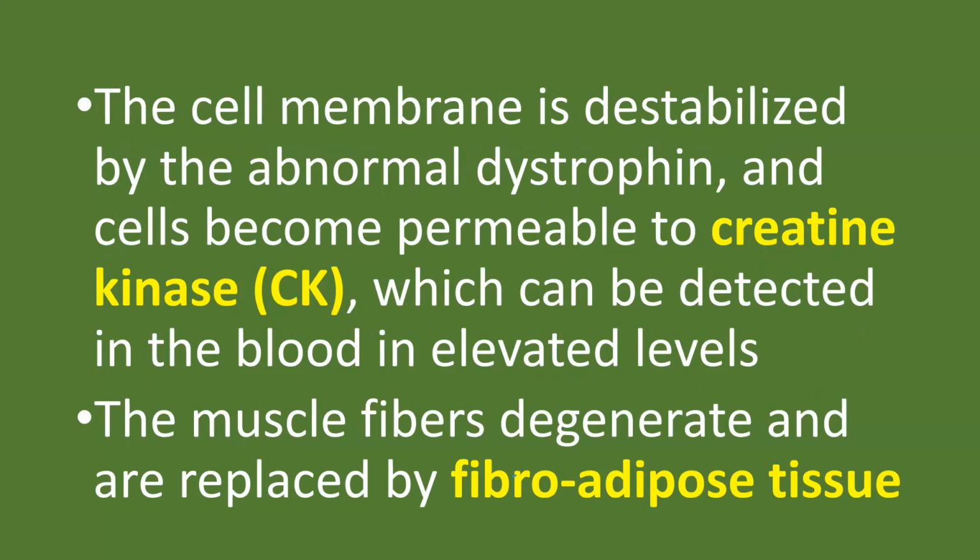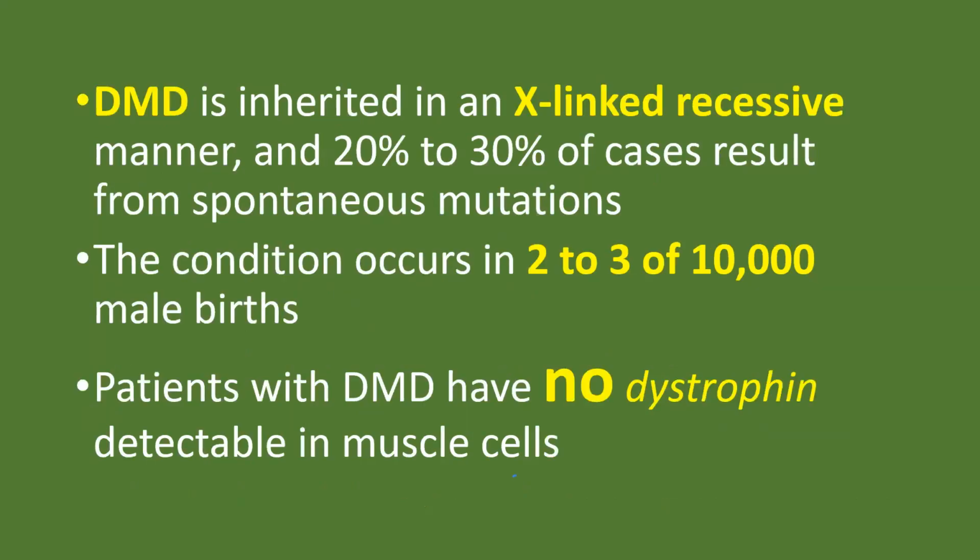The muscle fibers degenerate and are replaced by fibroadipose tissue. Duchenne muscular dystrophy is inherited in an X-linked recessive manner, and 20 to 30% of cases result from spontaneous mutations.